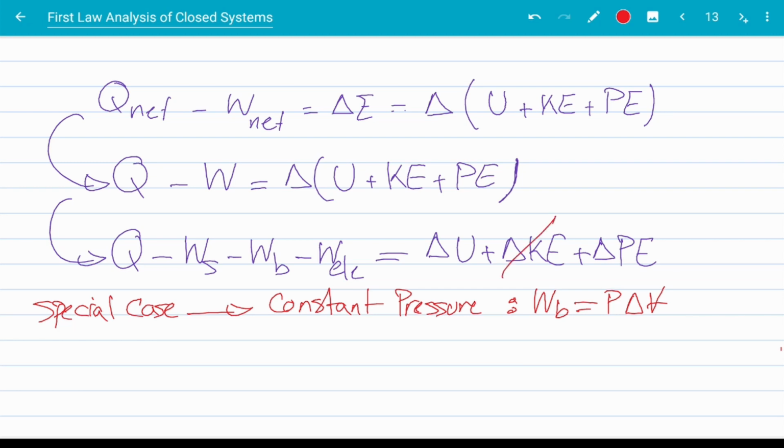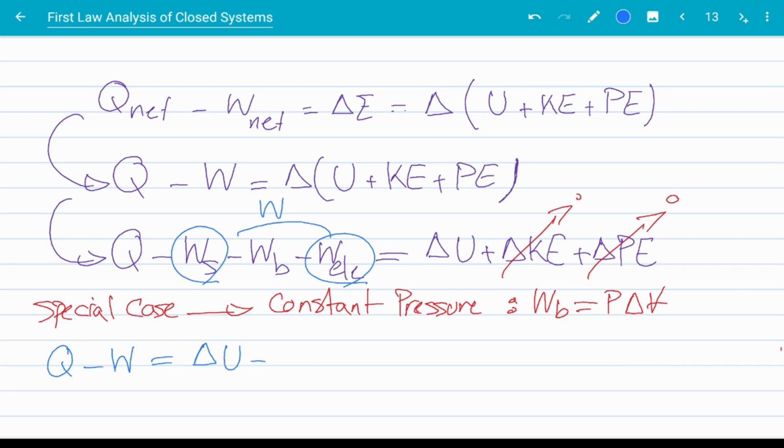Now, if the system does not have any kinetic or potential energy changes, then I can neglect these, and I can rewrite that equation as Q minus W, taking W shaft and W electric together as W, is equal to delta internal energy plus boundary work, which is P delta volume. Now delta U plus P delta V is actually delta enthalpy.